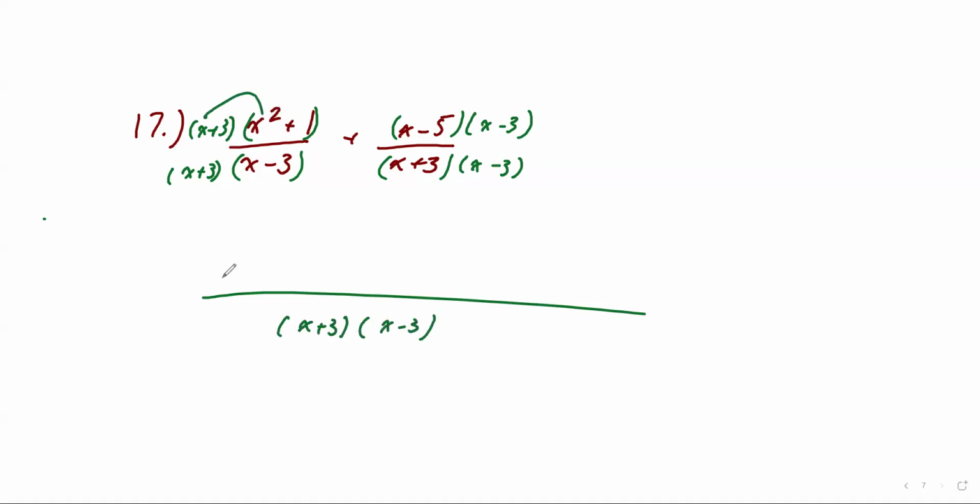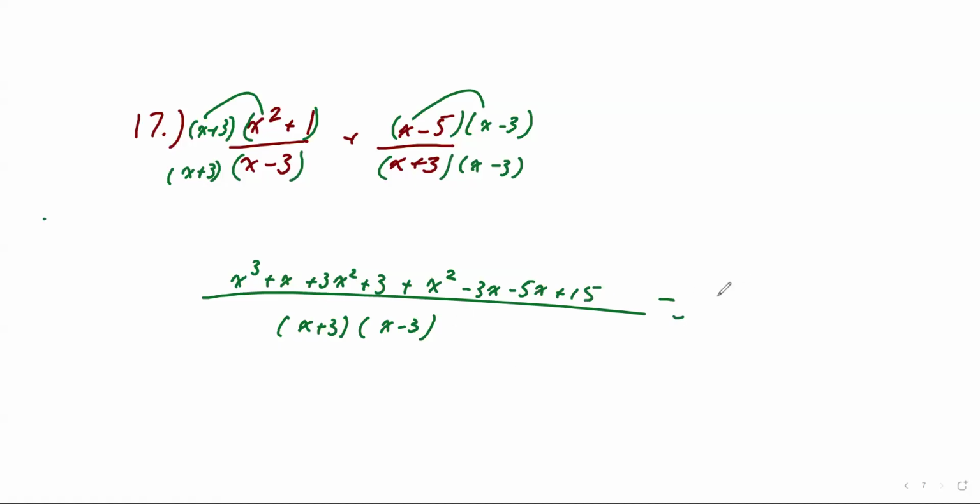Do your foiling. So this is x times x squared, which is x cubed, plus x plus 3x squared plus 3. And then this would be the same concept over here, plus x squared minus 3x minus 5x plus 15.